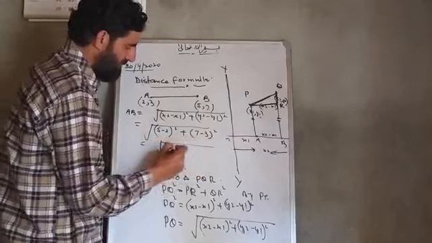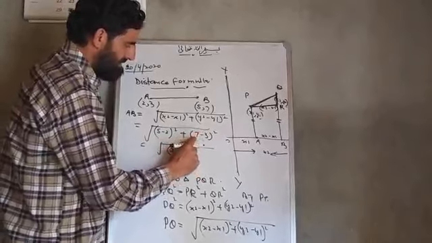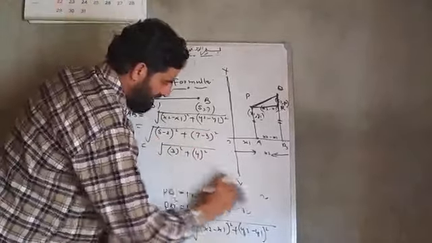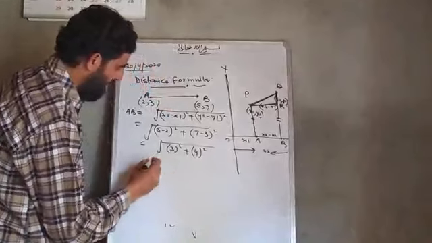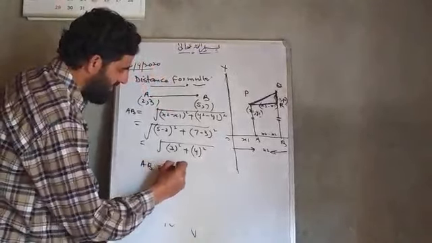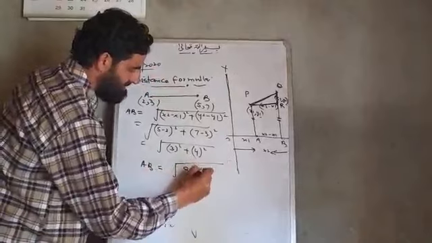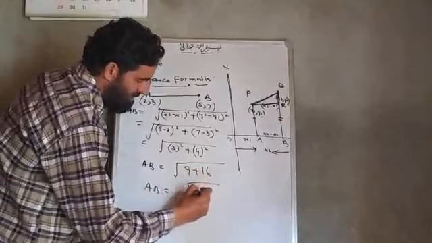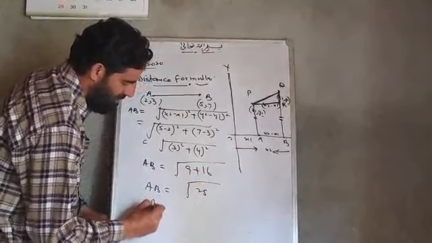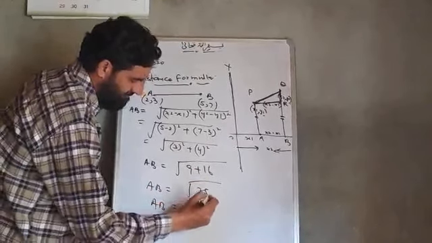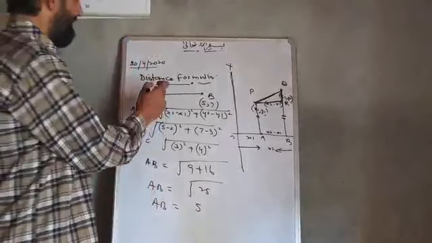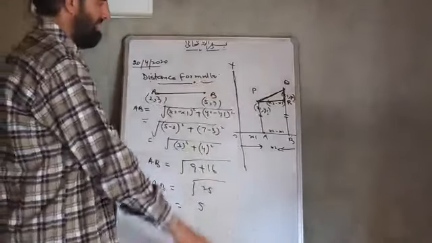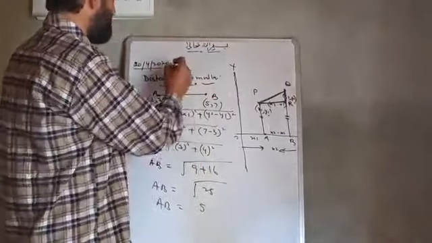So under root of 3 square plus 4 square. So AB is equal to under root of 9 plus 16, that is under root 25, and under root 25 you know is 5. So AB is equal to 5. So we can find the length of any line segment once we apply this formula, that is called the distance formula.